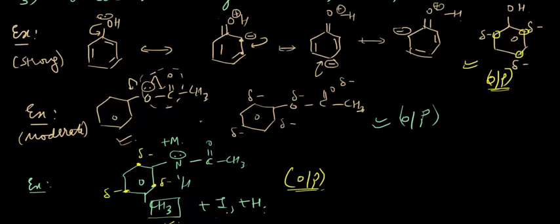So it will have negative density at this position and again this position. Okay, so the ortho and para positions are the same for the amide and CH3 group.